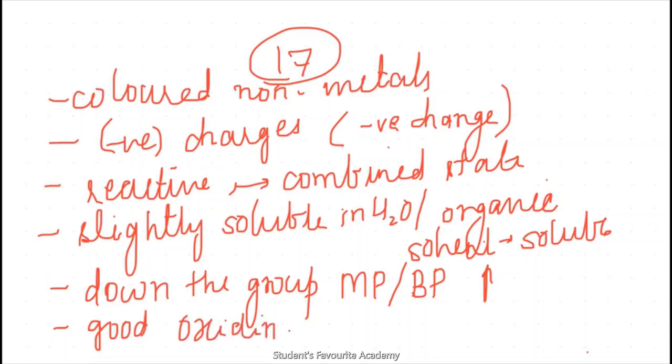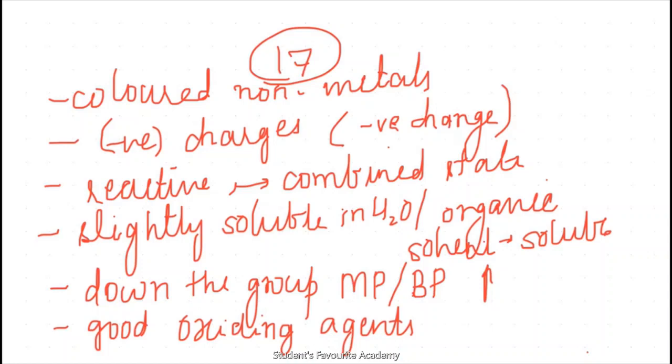Now when we talk about oxidizing agents, children, what is an oxidizing agent? Means what? They will be oxidizing other elements, and they themselves will be reduced in the reactions. So this is an example of the fact that they are very good oxidizing agents. Now if you see, children, this property increases as we move down the group.